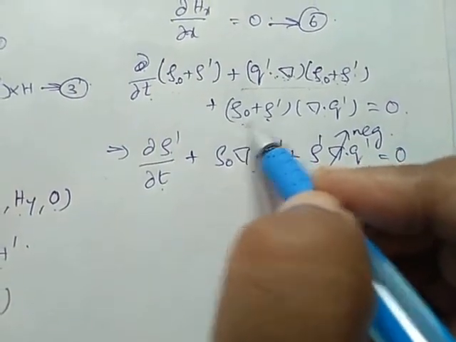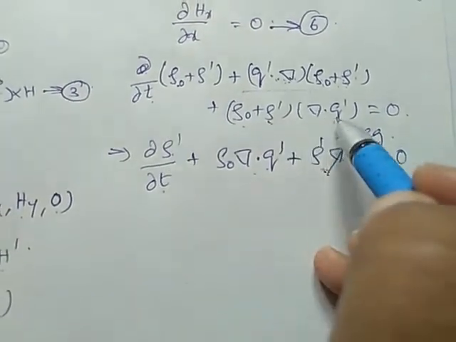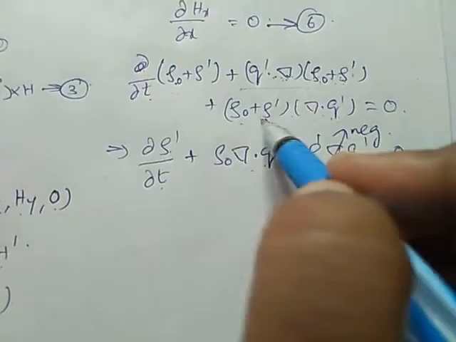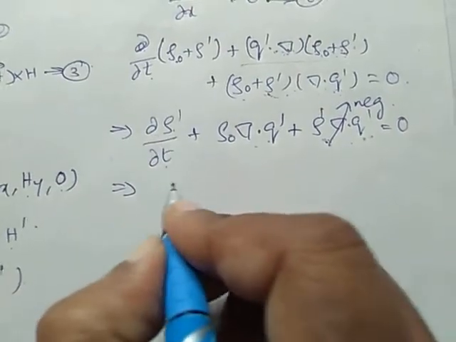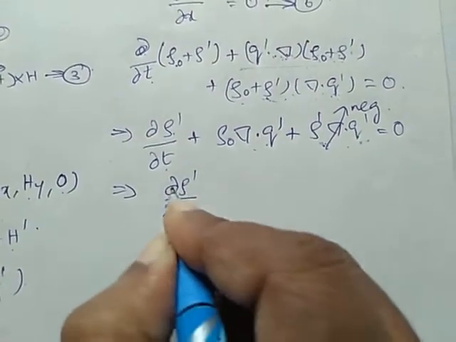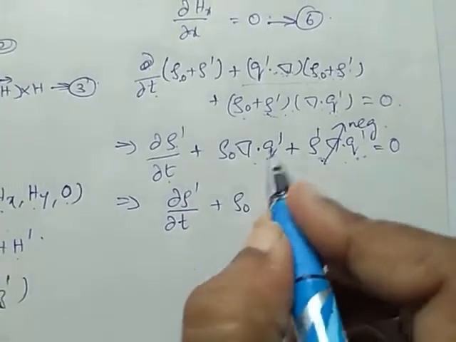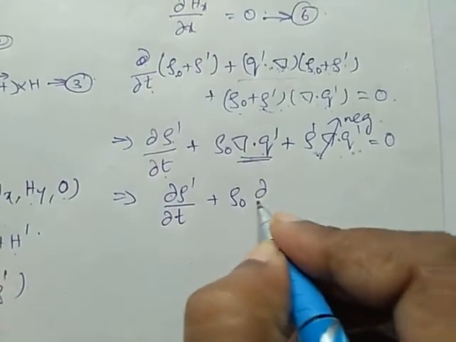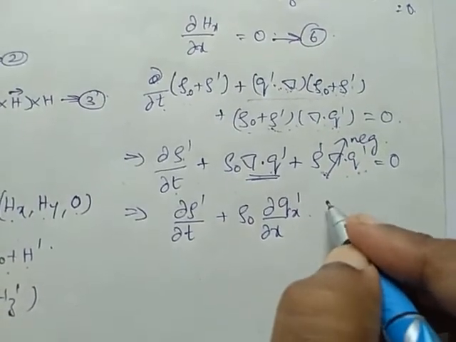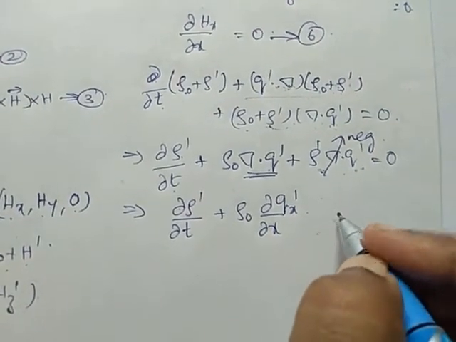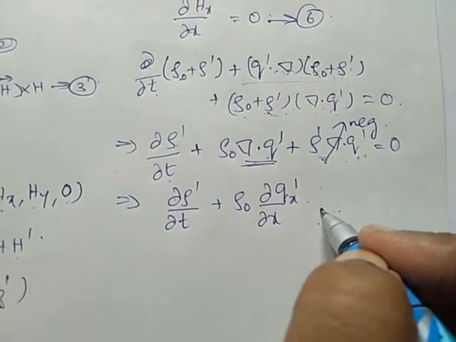Now rho naught into del dot q dash I have written as it is. Again rho dash of del dot q dash is a product of perturbed terms, therefore it can be neglected. So our continuity equation in perturbed state reduces to dou rho dash by dou t plus rho naught, when we expand it, dou by dou x of qx dash plus dou by dou y of qy dash plus dou by dou z of qz dash. The y and z terms are 0 because qy is a function of x and t, qz is also a function of x and t.